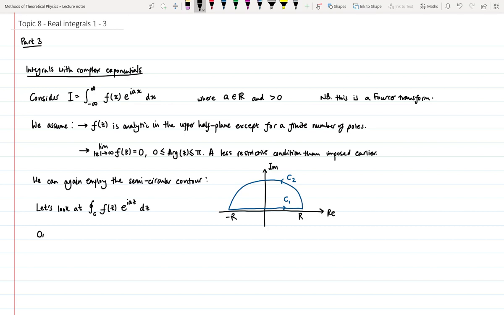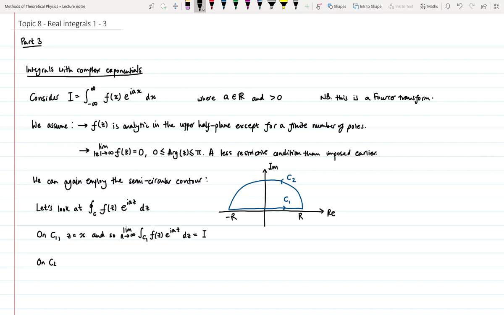As before, you'll note that on the section of the contour C1, z is the real number x, and so taking the limit as r tends to infinity of the integral along C1 is going to return our desired integral, I.